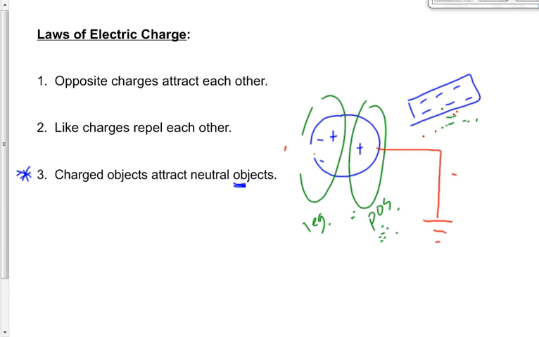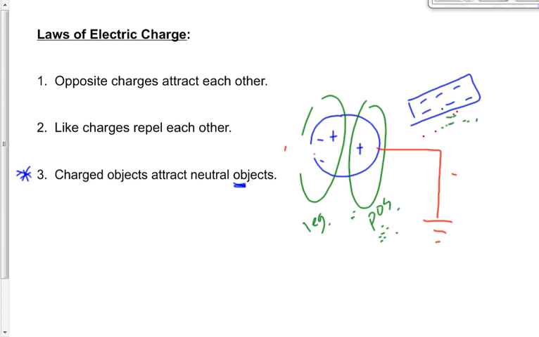Rucker? Who says the negatives are going to go to the left-hand side here, and we're not going to get the same effect as we got when the ground wire was on the left-hand side? Okay. Who agrees with Rucker here and says the negatives will still find a way to get into the ground, and it's going to end up with the same effect as it was before?